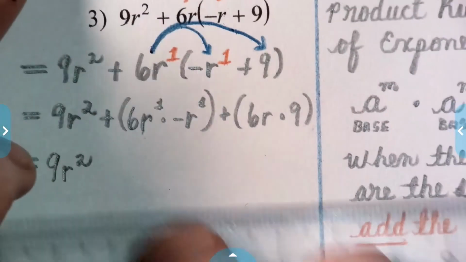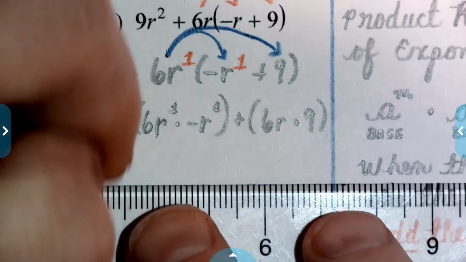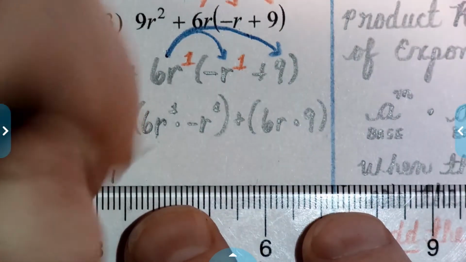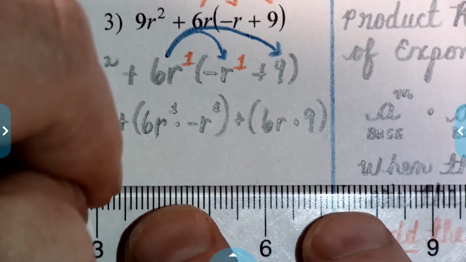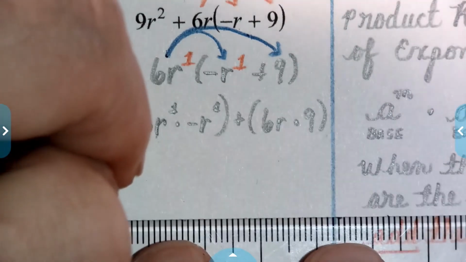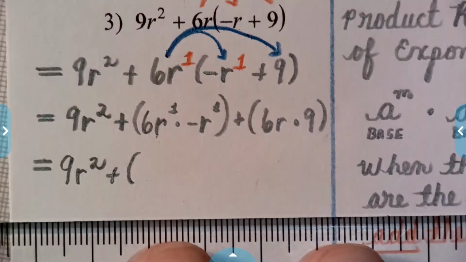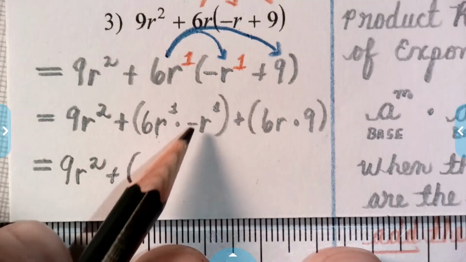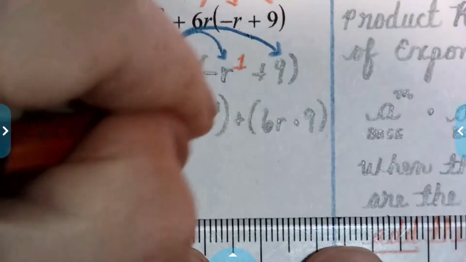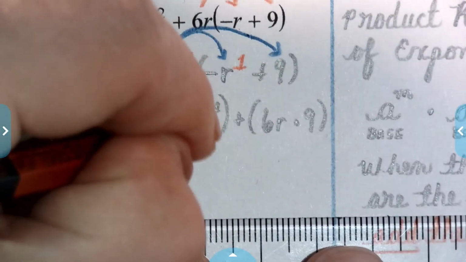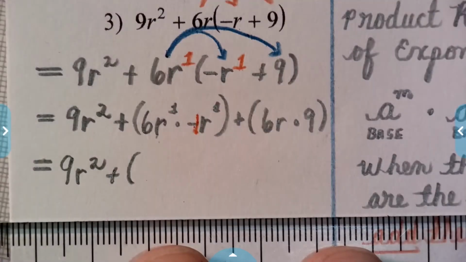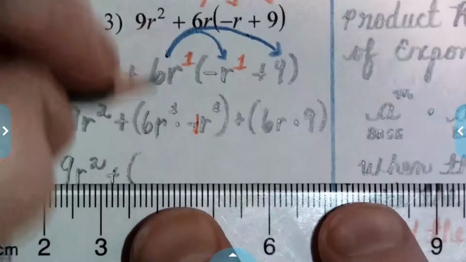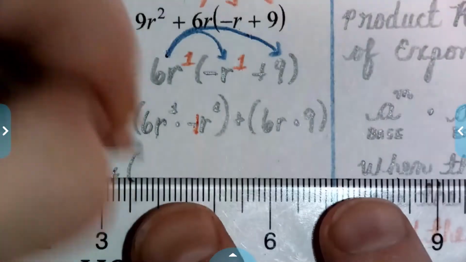So moving back up to the problem, we got 9r squared plus, and then in here, I'm going to have 6 times negative 1, since there's a 1 right in there. That's a negative 1 in front of the R. I'll have 6 times negative 1, that's negative 6.